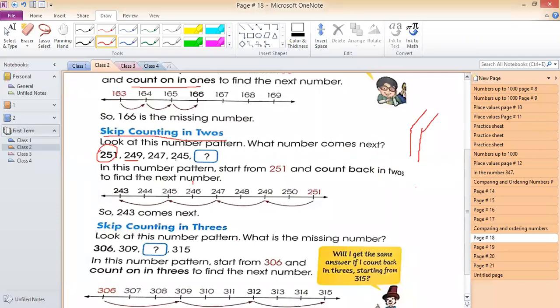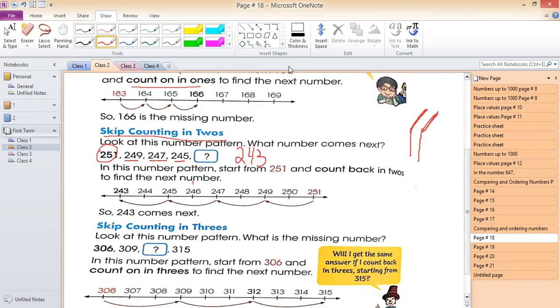This is 247. 246, 245. This is 245. 244, 243. So the next number will be 243. This will be your next number.